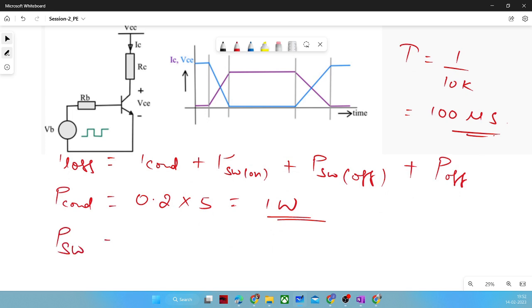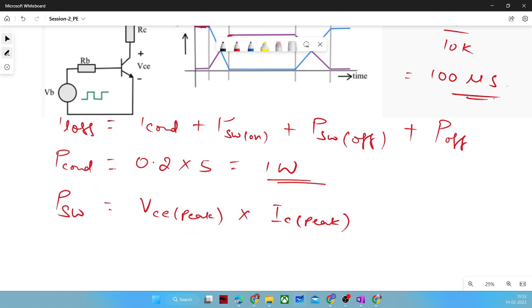I told about switching losses. If these kind of curves are there, triangular, one is falling and one is rising, then you can apply straight away the peak value of VCE plus the peak value of IC by 6 into D, right?